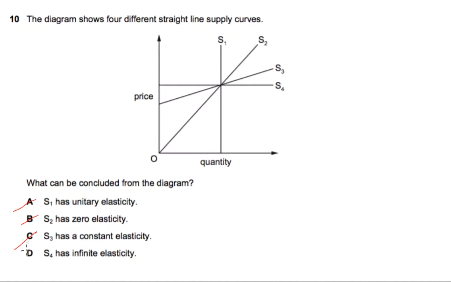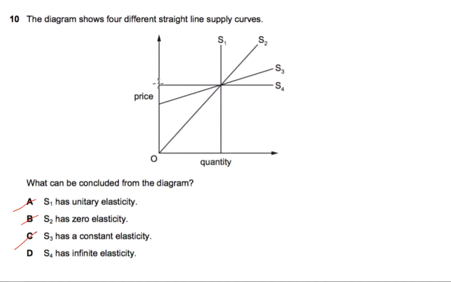That only leaves us with option number D. By the process of elimination, we have reached the conclusion that option number D is the correct answer. But let's just look at this. It says that S4 has infinite elasticity. Infinite elasticity means that the price does not change. The change in price is actually zero.